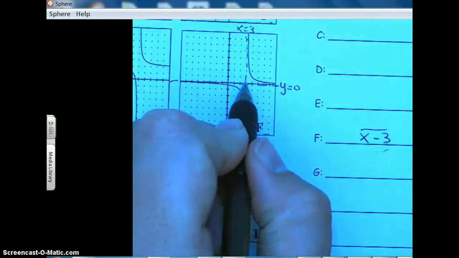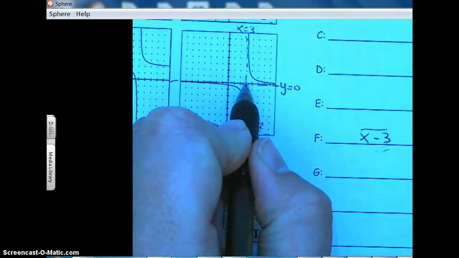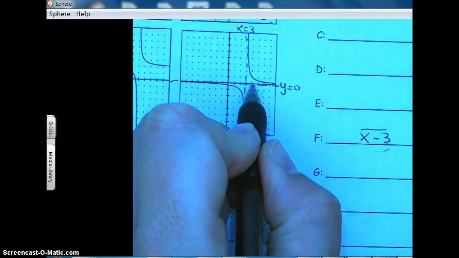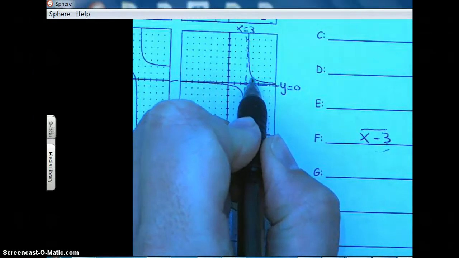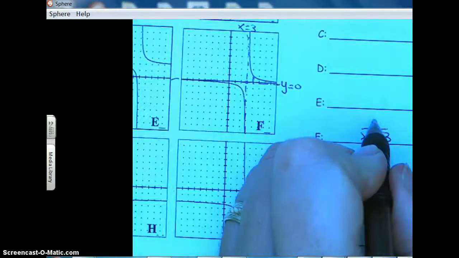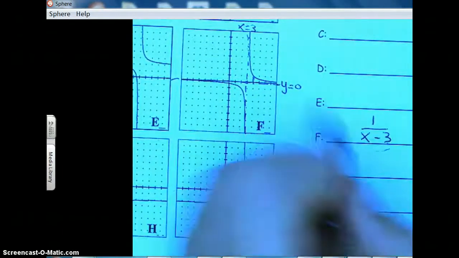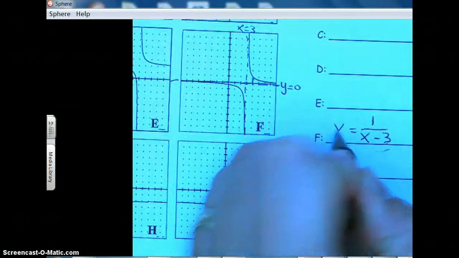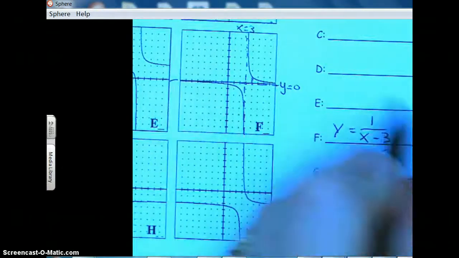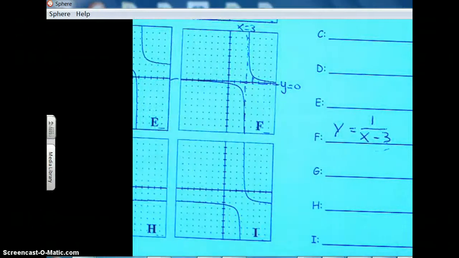Well, you go to the center point, you go over 1 unit, and then you count up to the graph. So it's 1 unit up. That is going to be our A value, 1. And so that's going to be our equation for this one. Okay?